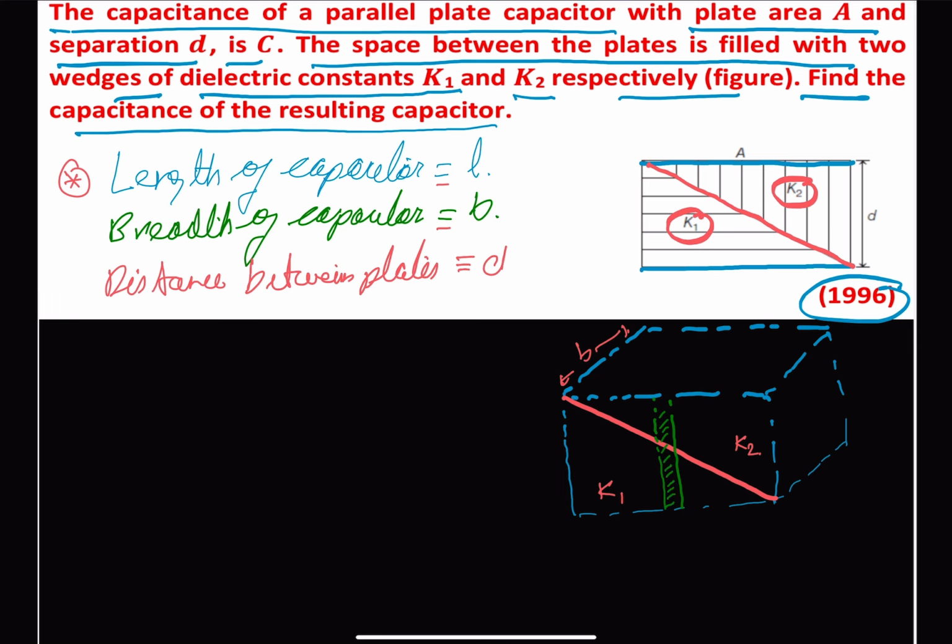Its width is dx, and here this angle is, let's suppose, theta, and the width here is y, and this is d minus y.